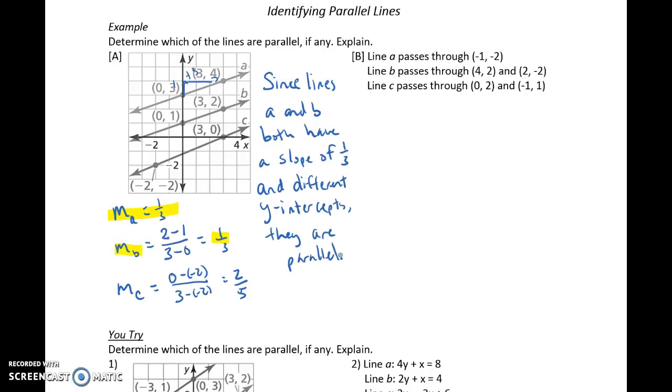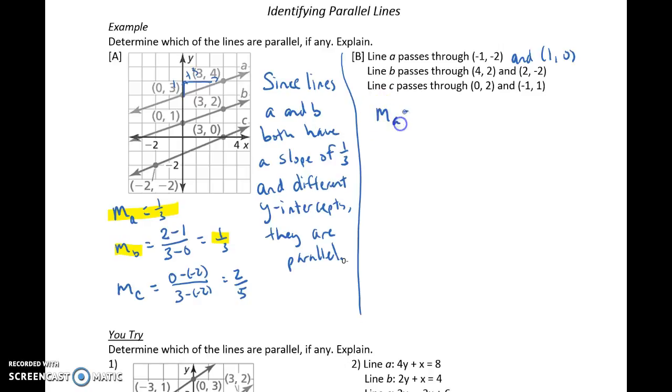So if we take a look at B, and hold on a minute, I forgot to put the second point in there, so let me tell you what that point is. That should have been (1, 0). Sorry about that. So with part B, you can do what we did in A and actually graph these points to make the three lines, or just use your slope formula.